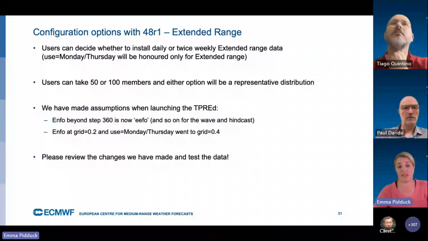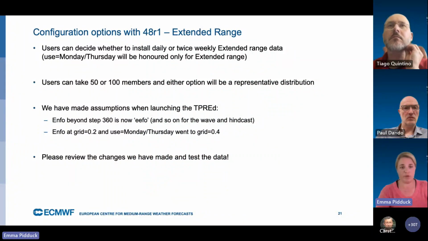As I mentioned, we also had to make some assumptions when we launched the test spread. This was to ensure that the data would produce. So we've now said that the ENFO stream, if we saw in your requirements that it went beyond step 360, we changed it to EFO. And so on for the wave and the hindcast, and we may have adjusted the grid if this was necessary.